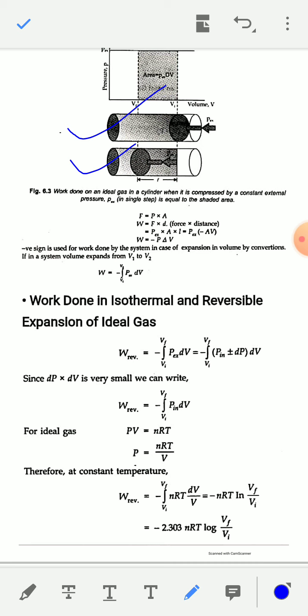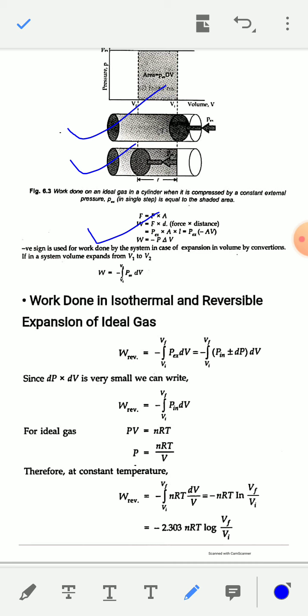So there will be some work done, as you are reducing the pressure. The gas is doing some work in this case. When you are reducing pressure on the gas taken in a cylinder, then the gas is doing some work, and mathematically it is calculated by using this equation.